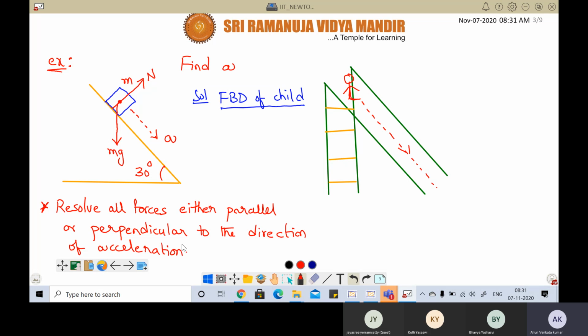You should always remember this: whenever forces are in different directions, resolve all forces either parallel or perpendicular to the direction of acceleration.